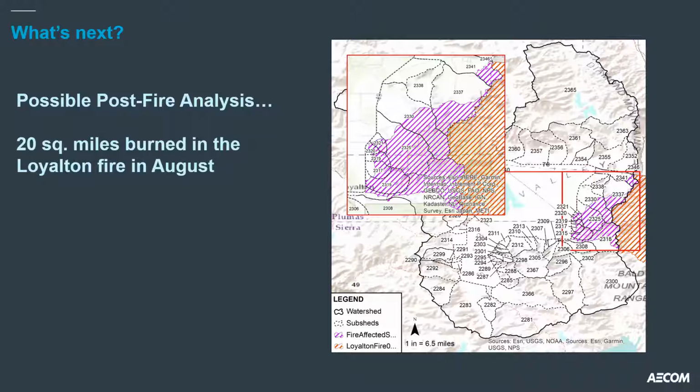We have SNOTEL, but we also have climate data from Colorado State and observations for snow from the Colorado Avalanche Information Center. So we have some data too. So I think really one thing that AECOM is starting to look at in our work for the Colorado Water Conservation Board is the impact of snowmelt in our watersheds, particularly on the west slope.